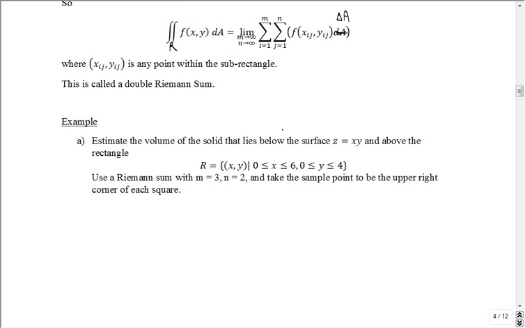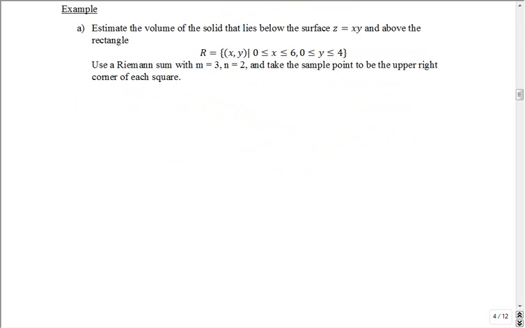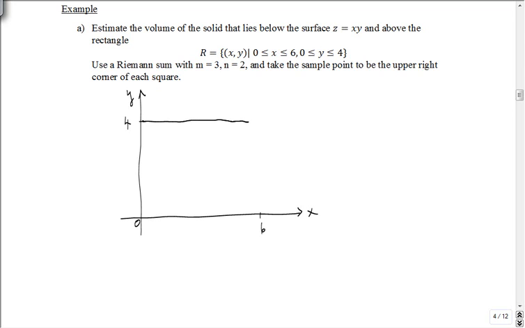The first thing we're going to do is draw the rectangle. So x goes from 0 to 6, so let's say 6 is here. y goes from 0 to 4. And so draw the rectangle R.